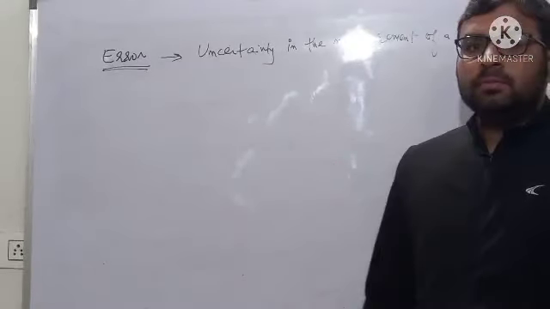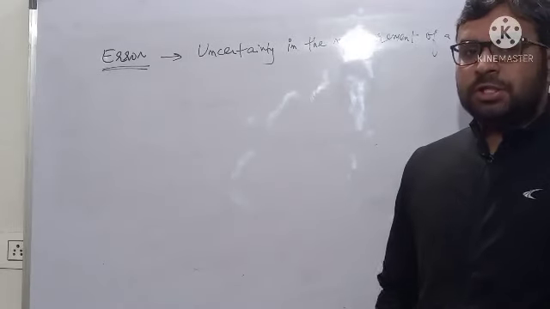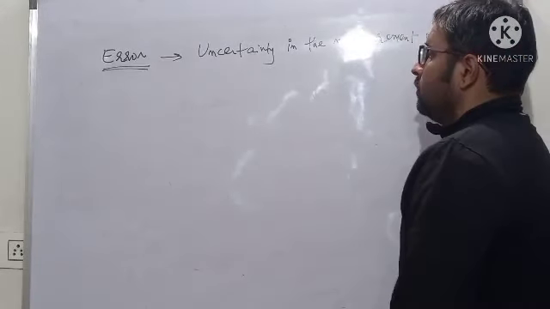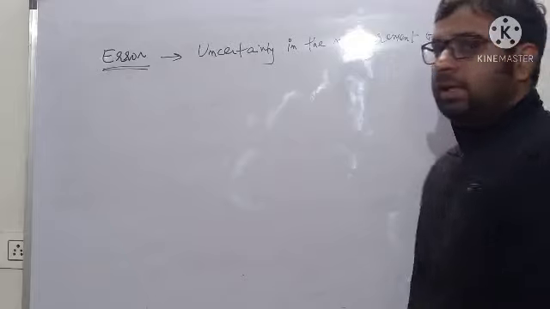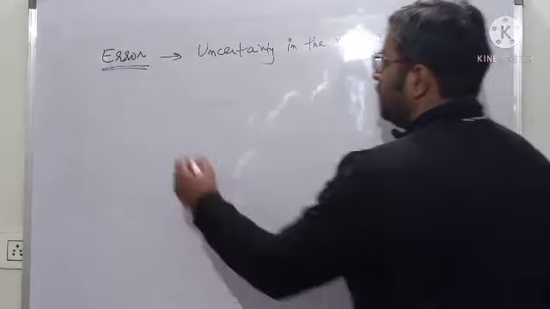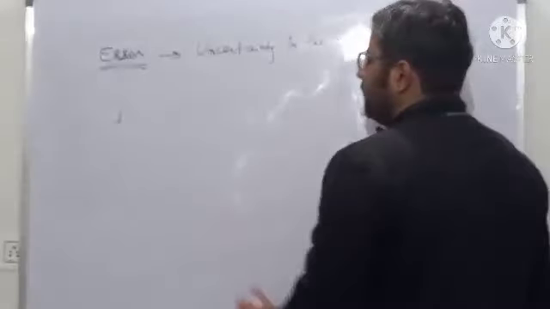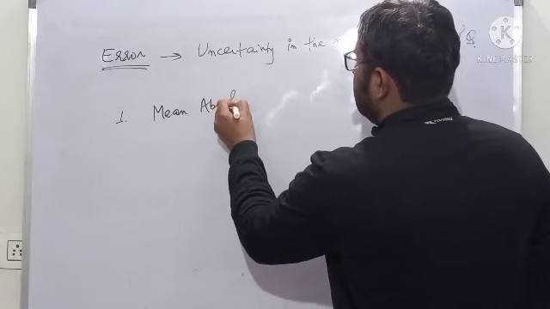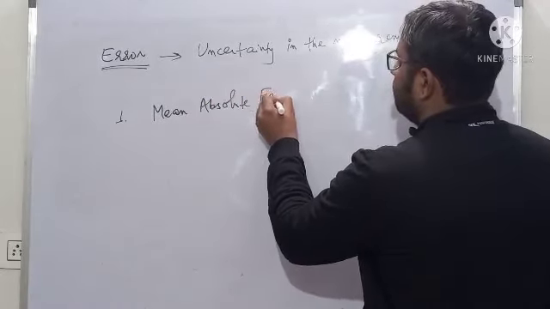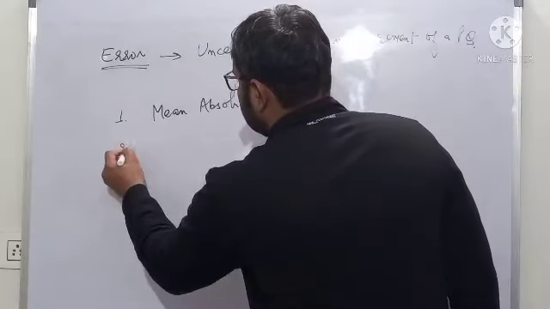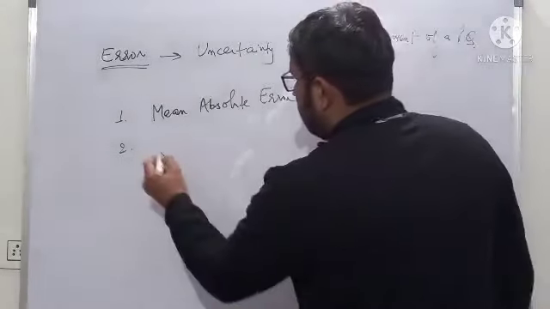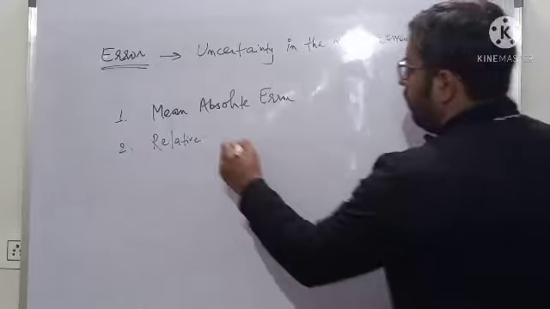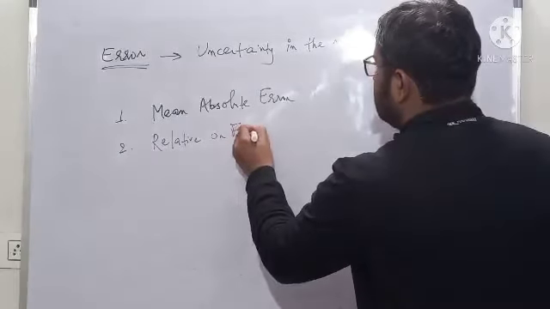Now there are some kinds of errors which are very important from the point of view of the competitive examinations. So now we will learn what are the three categories of errors we have. Errors have been classified into three categories. First is the mean absolute error. Second is the relative or fractional error.